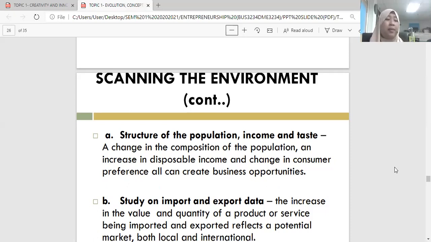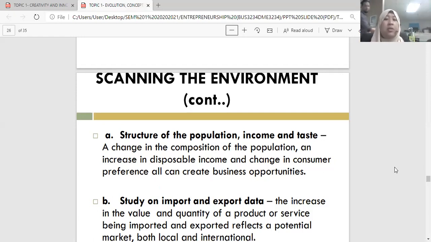Because during that time they only believed that we go back home and dine in at home, that's it. We didn't go to a fast food restaurant to have lunch or dinner.